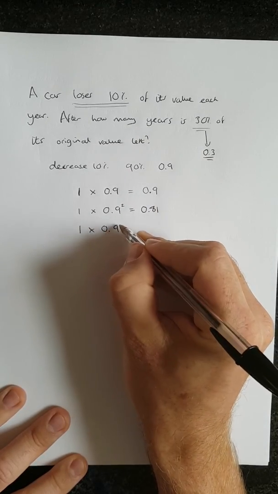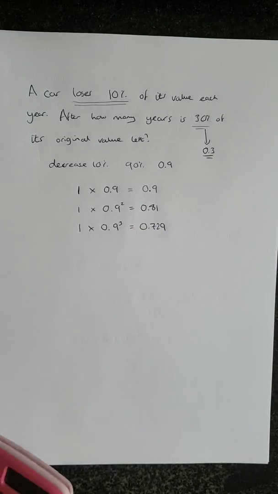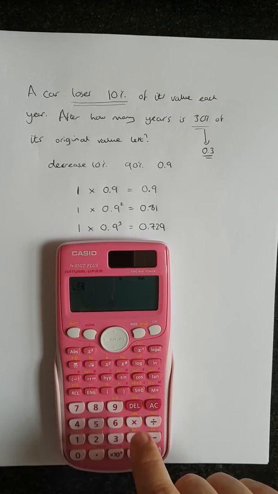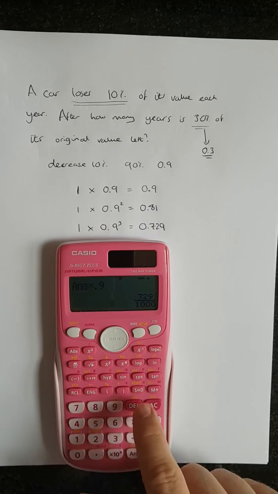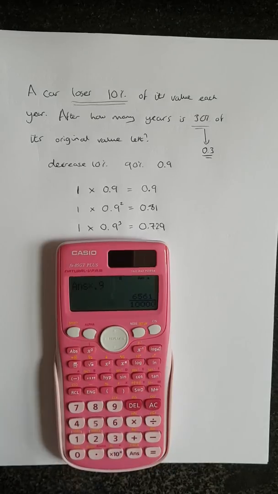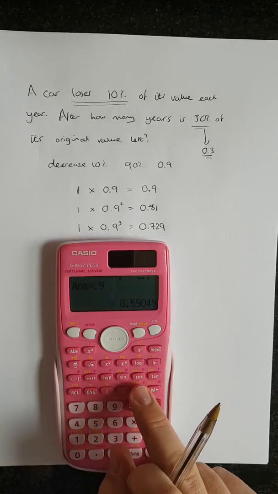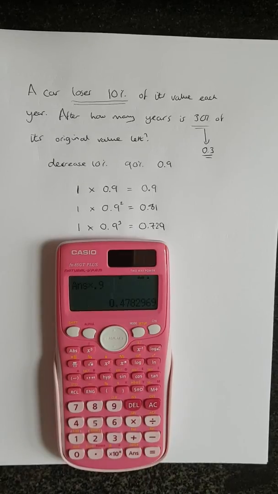And I'm going to have to keep doing the decrease until I get to a value of around 0.3. So there's my 0.729, and when I've got it say answer times that, if I hit equals, it'll do it again. So that's 4, that's 5, that's 6, that's 7.